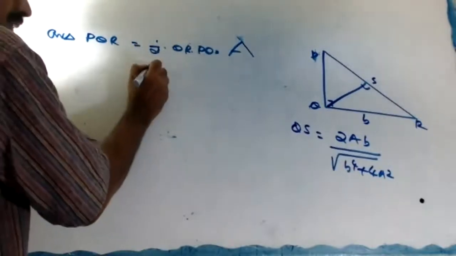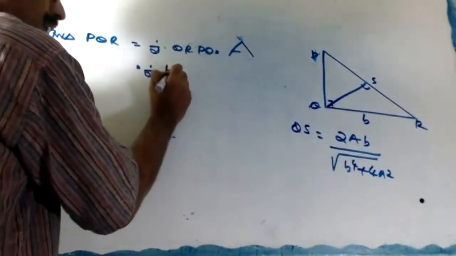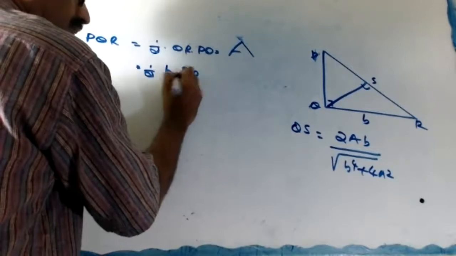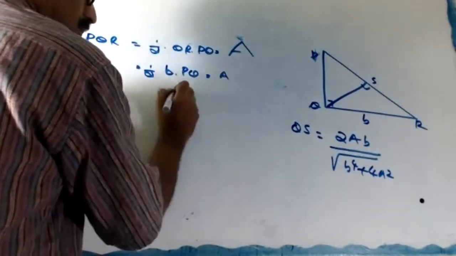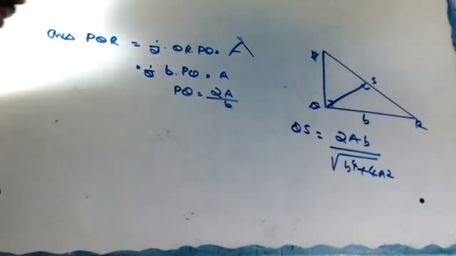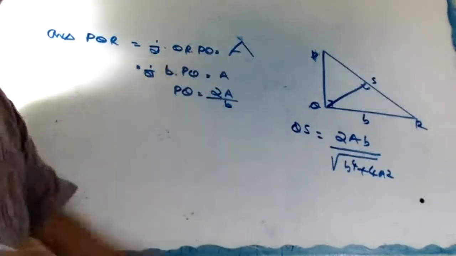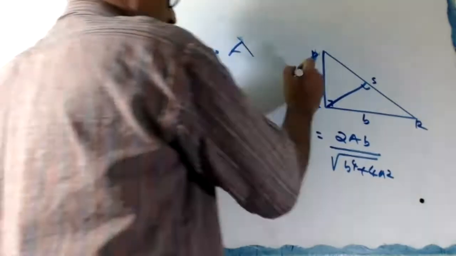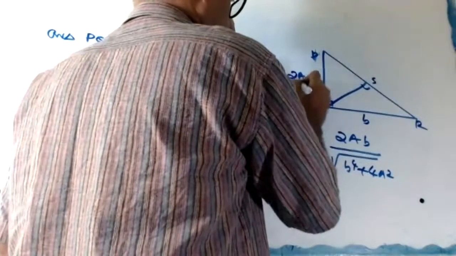So that is half B into PQ equal to A. So PQ equal to 2A divided by B, correct or not? Okay, now we got this one, 2A by B.